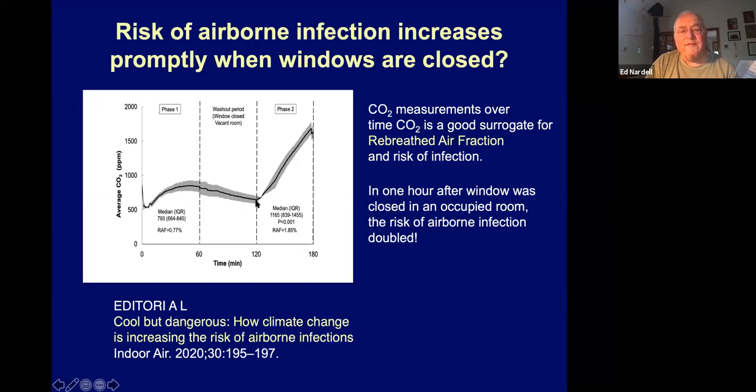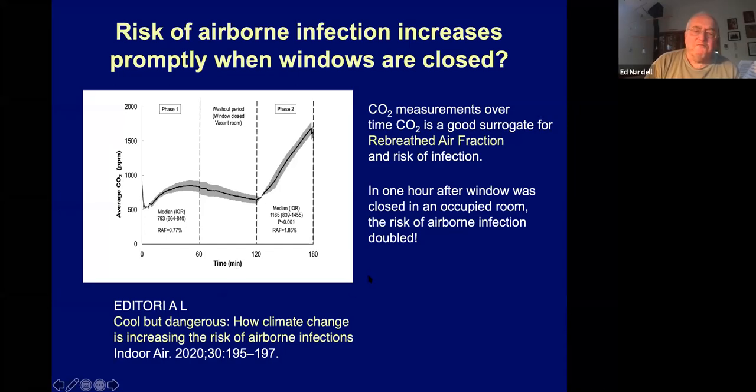And then we closed the window and turned on the air conditioner, and you see this steep rise in CO2, which shows no sign of stopping. If we had continued this study for a couple more hours, it would be up here. Already, the levels of CO2 more than doubled, and with that, the risk of airborne infection.